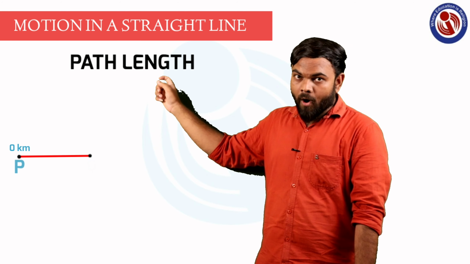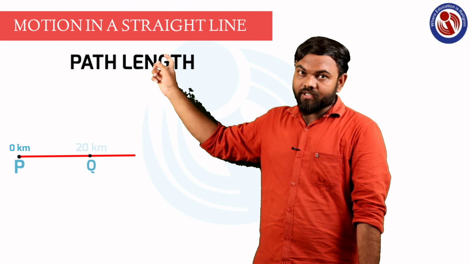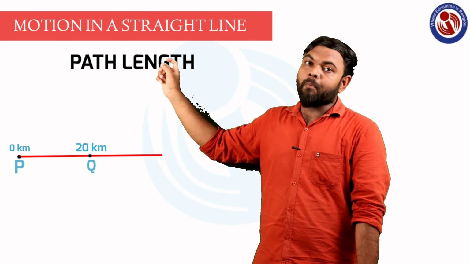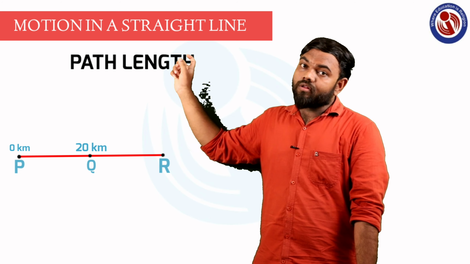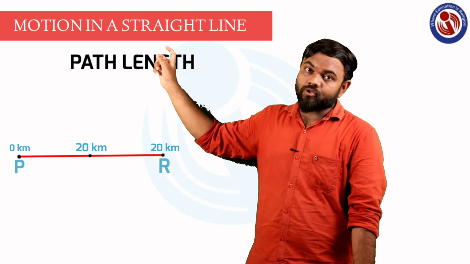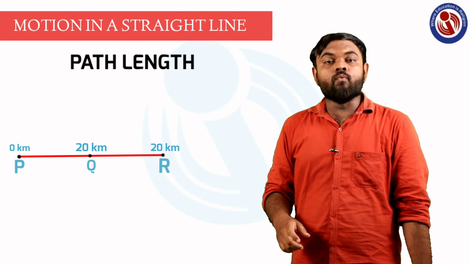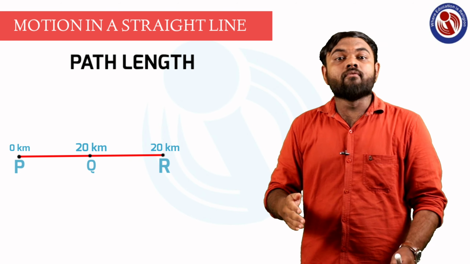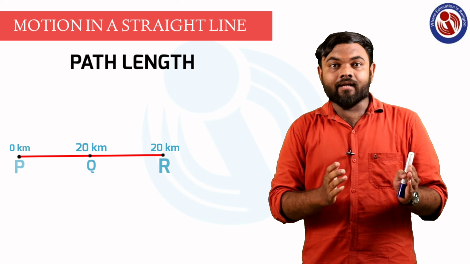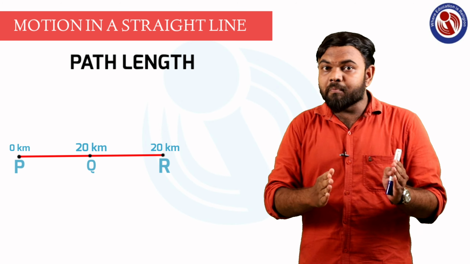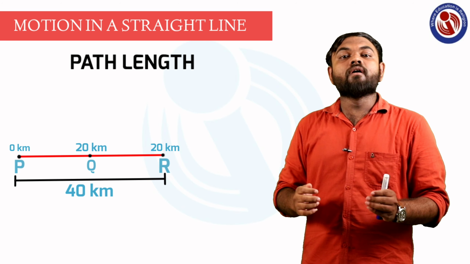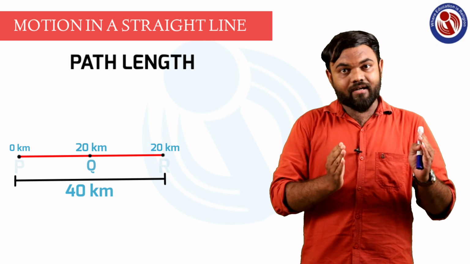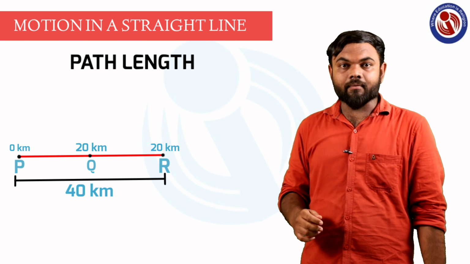Suppose we take Q point, it is at 20 km with respect to P. Suppose we take another point, R point, it is also 20 km with respect to Q. Now, what is the path length with respect to P? The distance between P and R is 40 km.